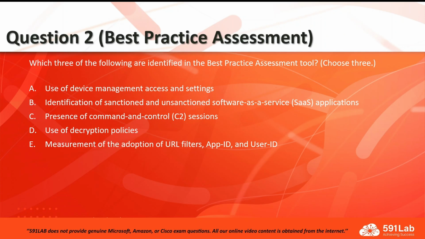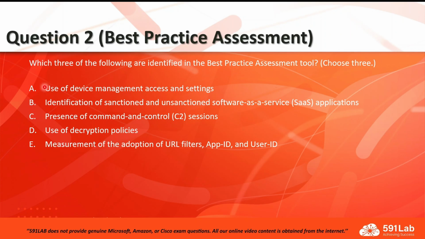Let's go to question number 2. This question is about the best practice assessments provided by Palo Alto Networks firewalls. The question is as follows. Which three of the following are identified in the best practice assessment tool? Choose three.